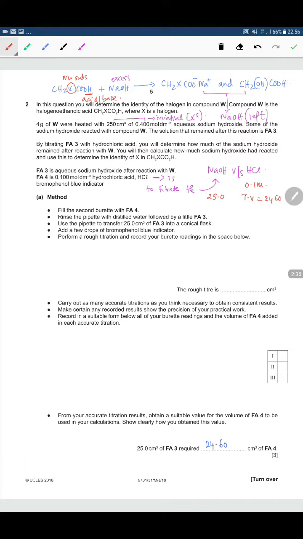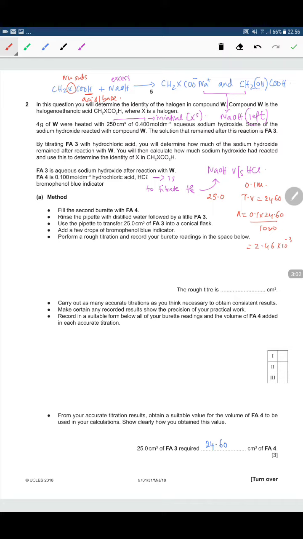We can look at the calculation part right here itself. The first thing that we have to do is to calculate the number of moles of HCl, and that is going to be 0.1 times 24.6 divided by 1,000, which gives a value of 2.46 times 10 to the minus 3.